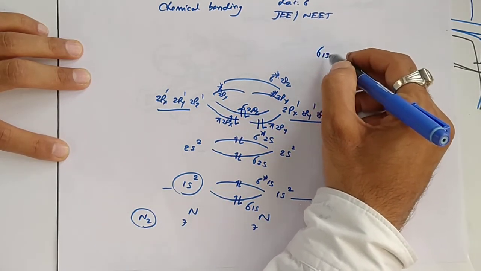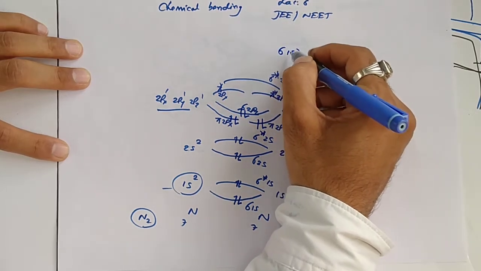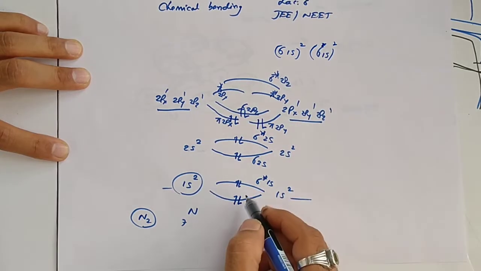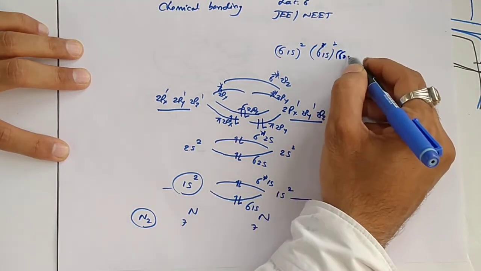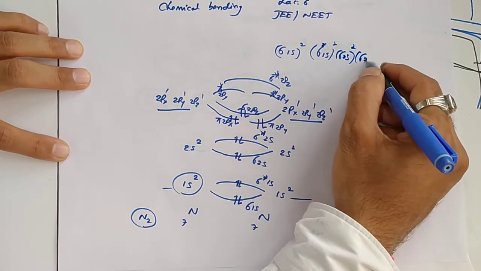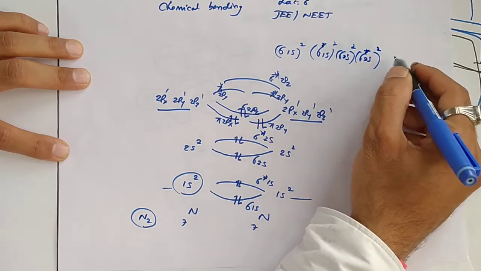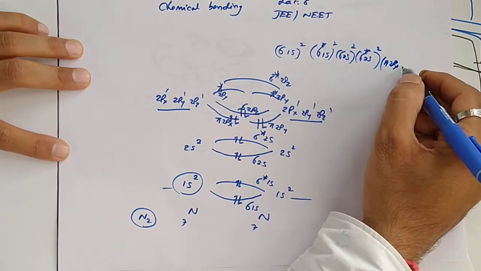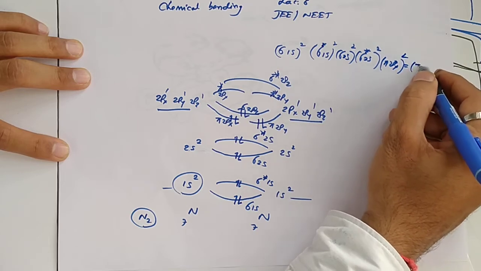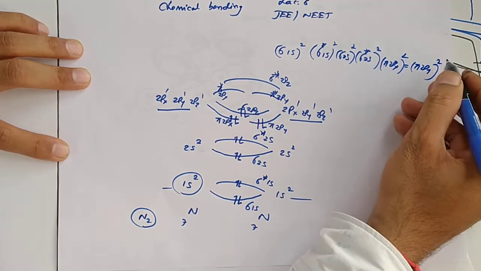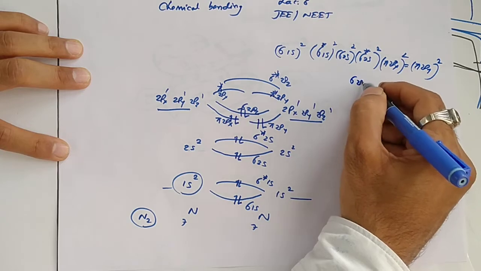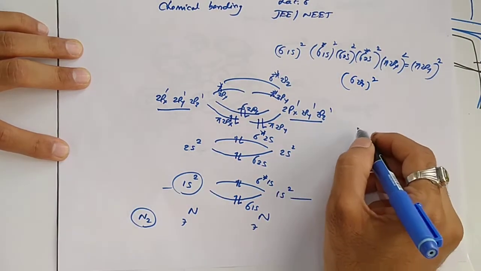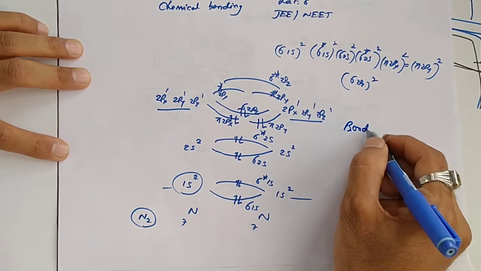The configuration of it is sigma 1s2, sigma star 1s2, sigma 2s2, sigma star 2s2, then pi 2px2 equal to pi 2py2, then sigma 2pz2.